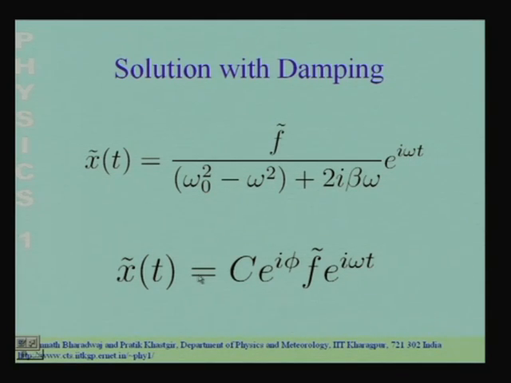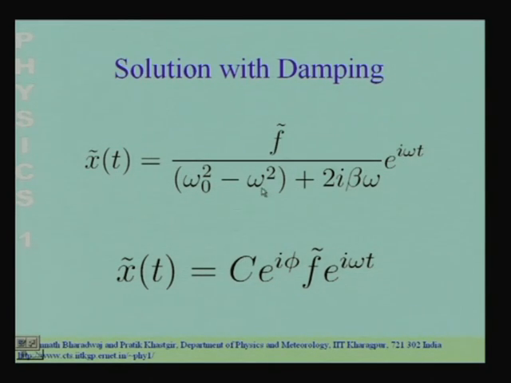This complex number can also be written in the form of an amplitude c and a phase phi. So, the same relation can be written like this: the displacement is related to the force through an amplitude c, which is the mod of 1 by this number here, and a phase which is the relative phase between the displacement and the external force.